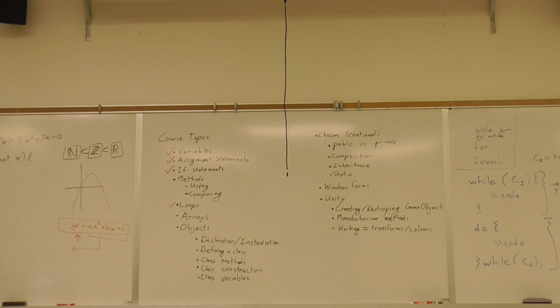So, we then calculate y is equal to 5 times x times x, y plus equals 7 times x, and y plus equals negative 10, or although I suppose you could do minus. It doesn't matter, right? Logical equivalent.